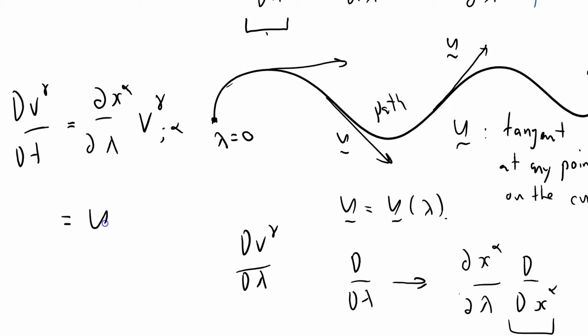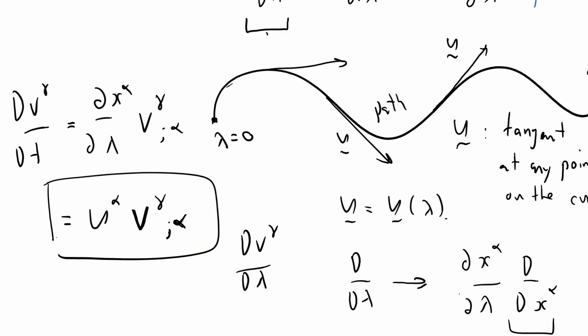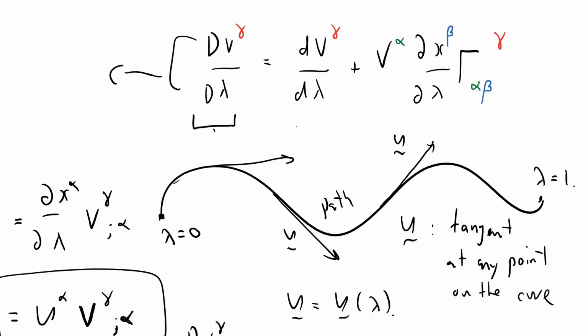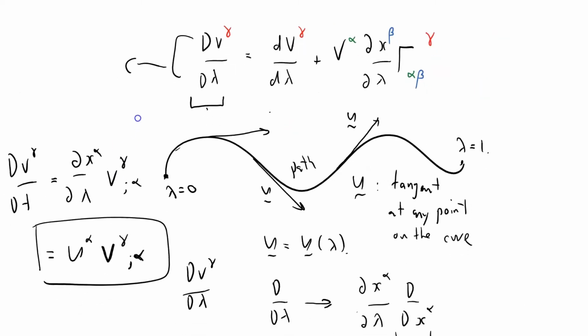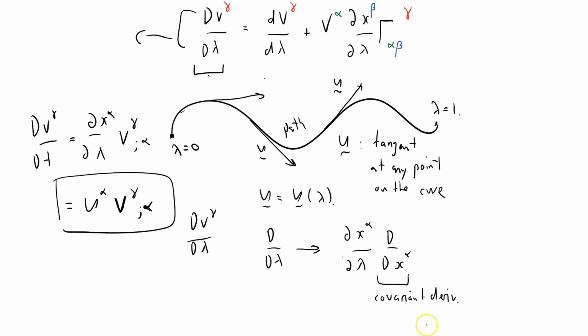So that equals u alpha times the covariant derivative of v. Now I'm doing it again, I'm getting my alphas and my gammas. That's a gamma alpha. Yeah, that's a v, and that's a covariant derivative. So that's quite a nice way to think about it. I'm not going to use that just for the moment. I'm just going to stick with this formulation here, and ask what I mean.